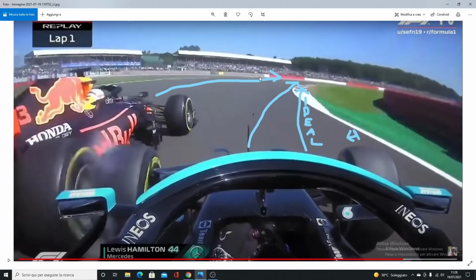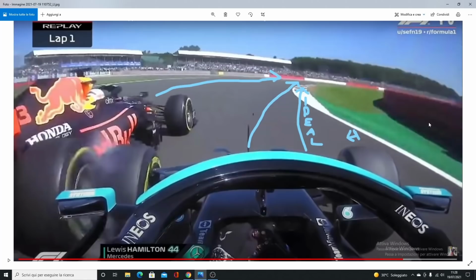So again, this is Verstappen's projected line, this is Hamilton's line, which does not take completely the apex, while this would be the ideal line, a bit more to the right. As we said, he might have to lift up the throttle, but he would definitely avoid the incident, but Lewis does not want to do that, and as we can see, he still has some space to the right.